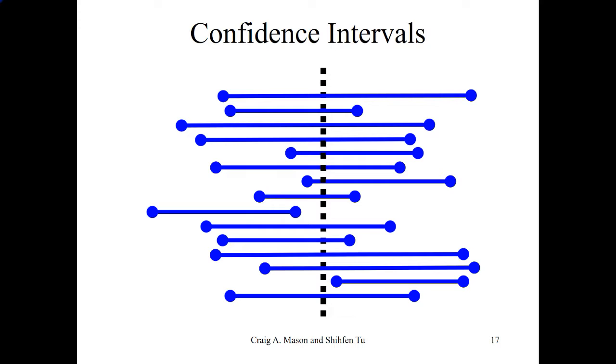See how in most of the samples, the 95% confidence interval that was calculated overlaps or contains the true population effect size. Now, not always. If we did an infinite number of samples, there would be some cases where the 95% confidence interval based on that sample does not overlap or contain the true population effect size.